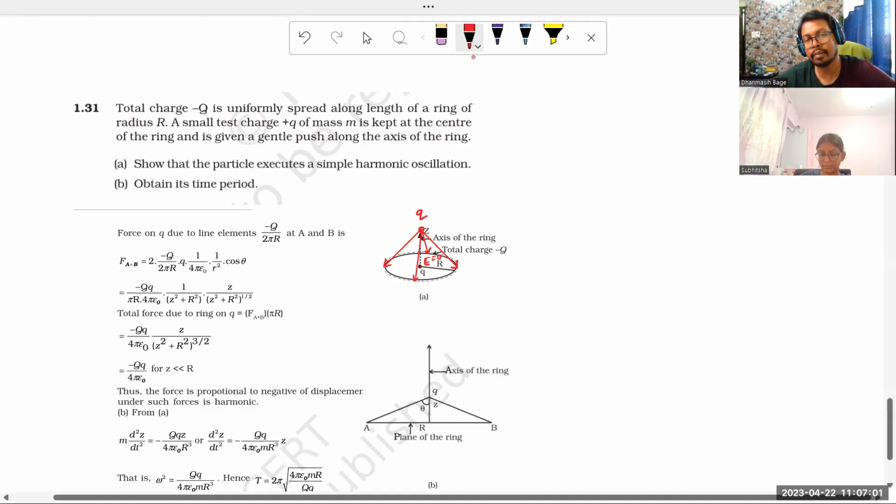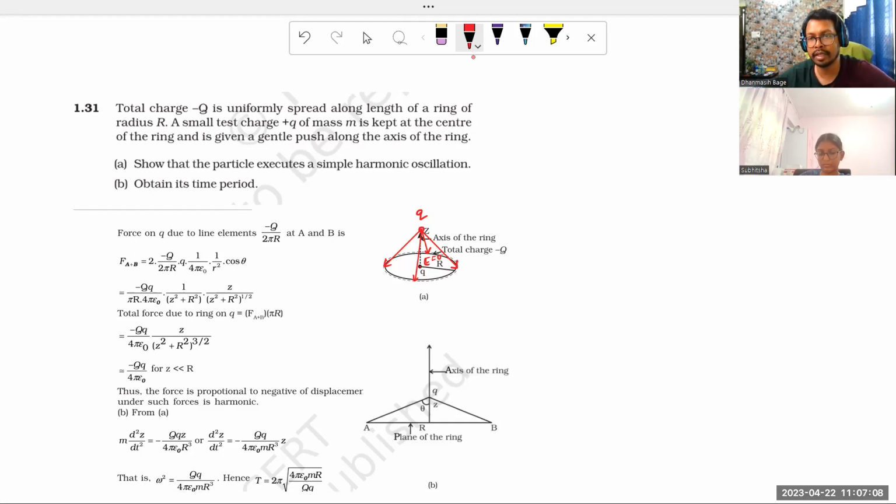In fact, the body will be at equilibrium, and this equilibrium is a stable equilibrium. If you slightly disturb it, it will again try to come back to its original position, and by inertia, it will keep on moving in the forward direction, and the simple harmonic motion will happen.